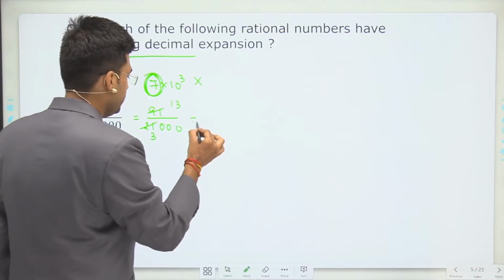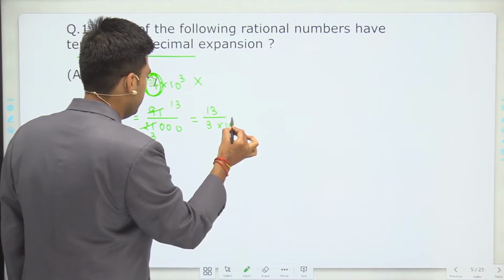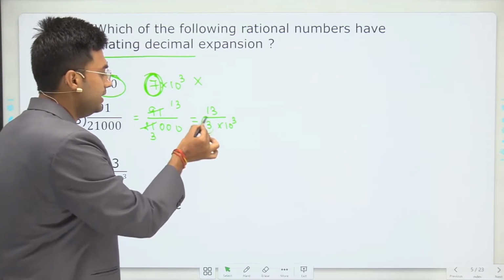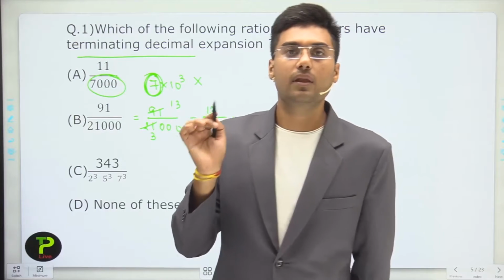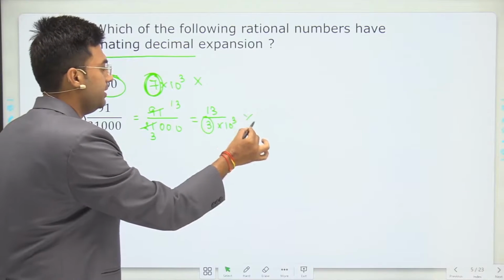Now it is equal to 13 divided by 3 multiplied by 10 power 3. Now dear students, here this 3 cannot be reduced in the form of 5 power m multiplied by 2 power n. So it is also not a terminating decimal.